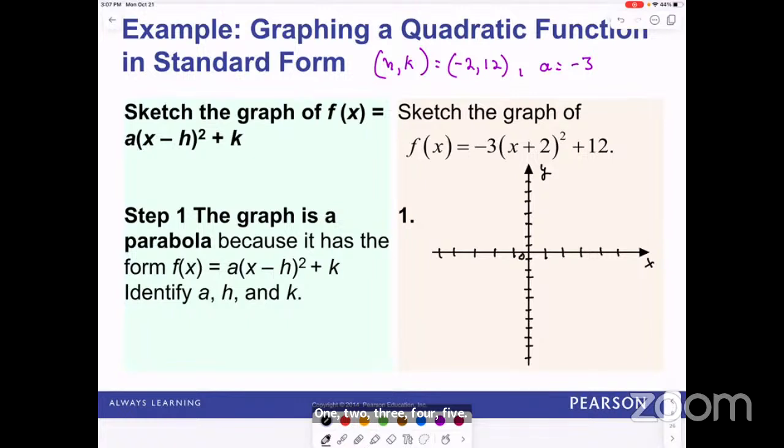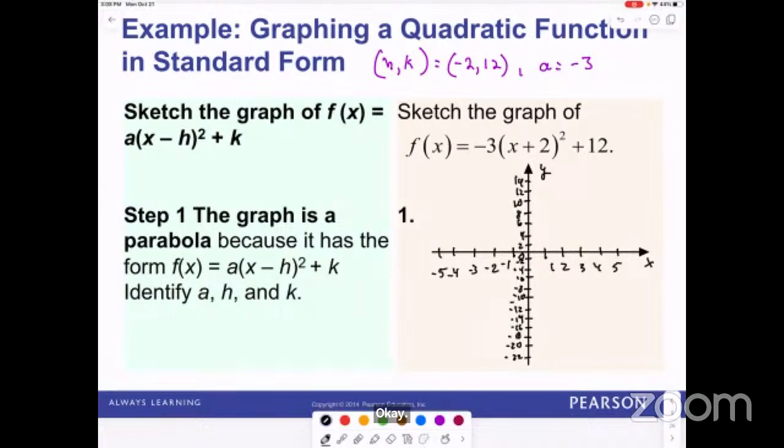It's 2, 4, 6, 8, 10, 12, 14. 2, 4, 6, 8, 10, 12, 14, 16, 18, 20. One, 2, 3, 4, 5. Okay.